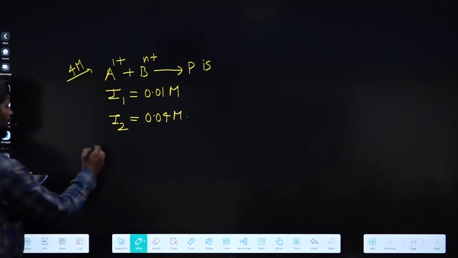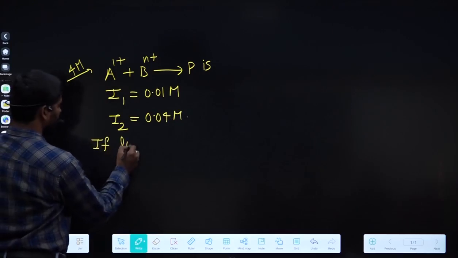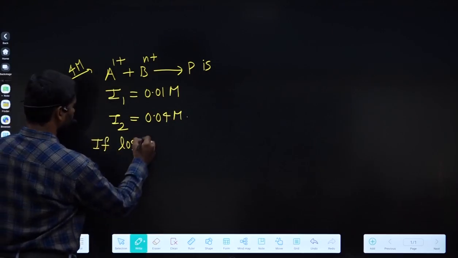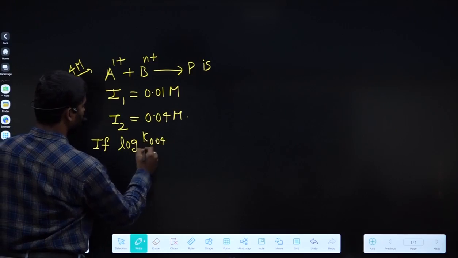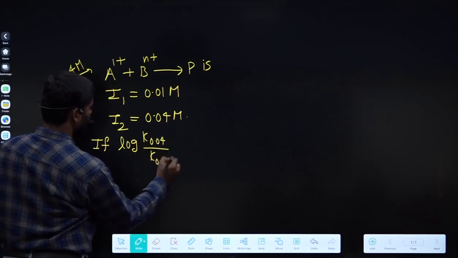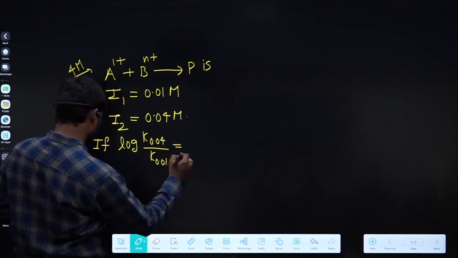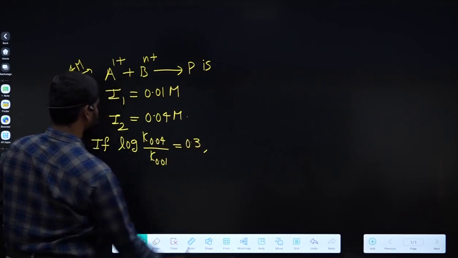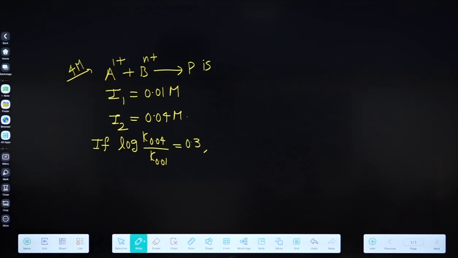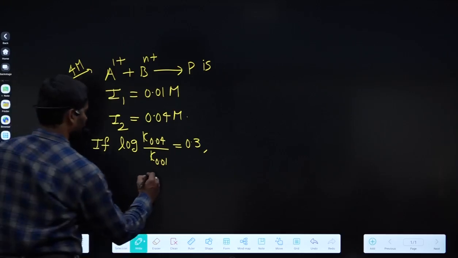Continuation. If log K 0.04 by K 0.01 is equal to 0.3, the charge on B is closest to 2.